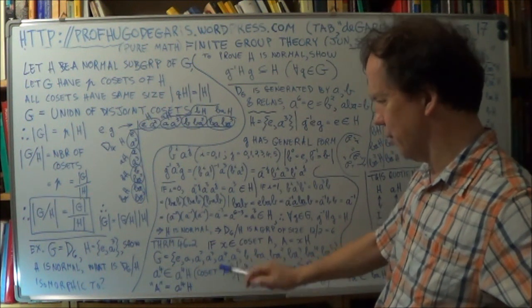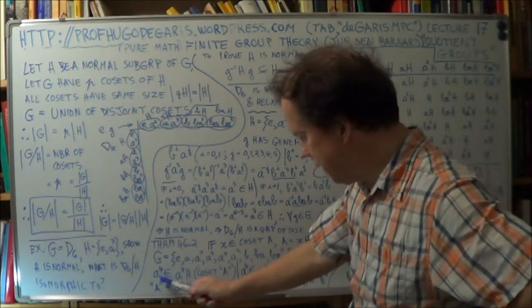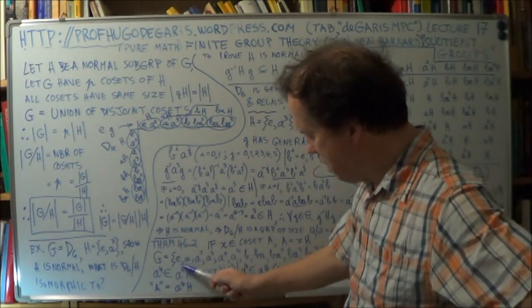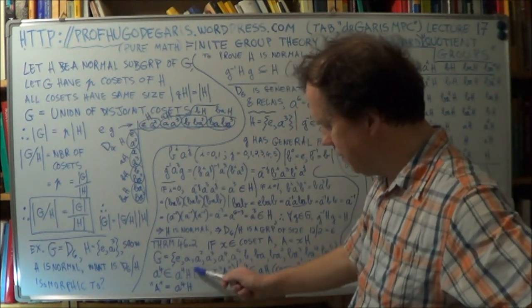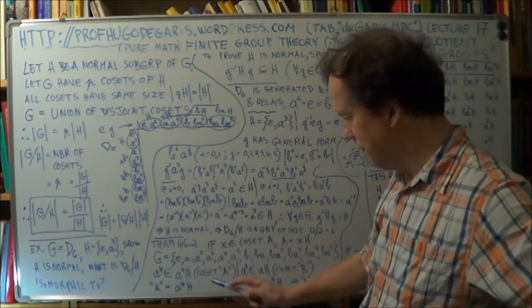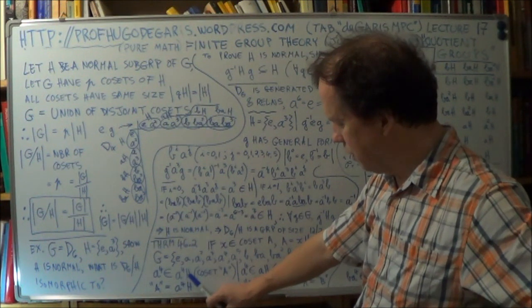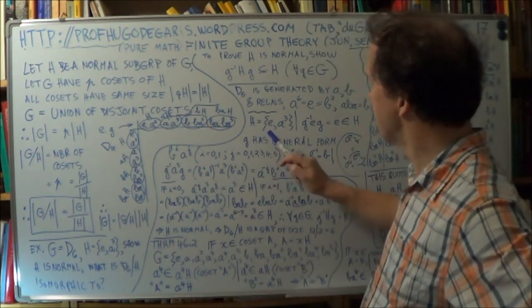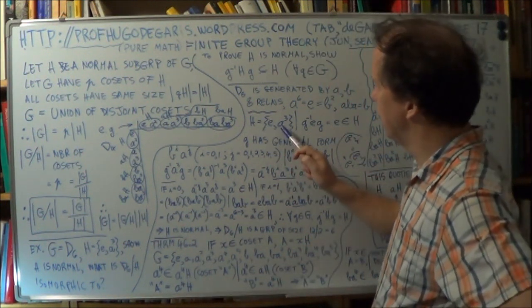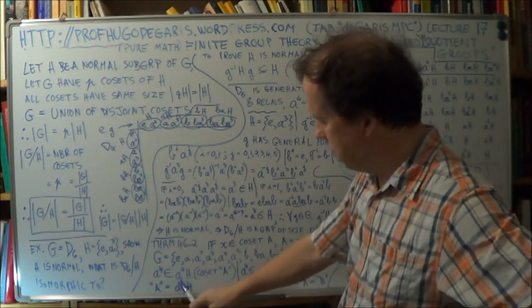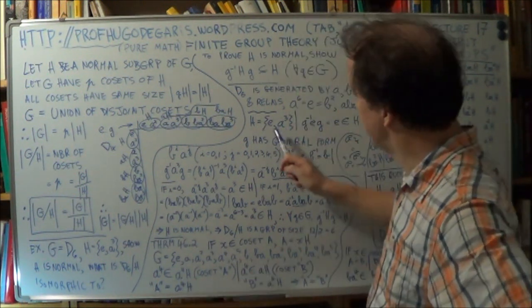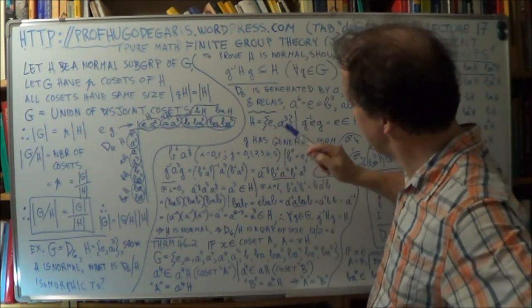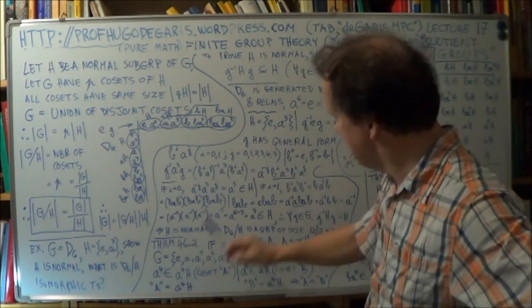Can you see that this member is a member of this coset? Does that make sense to you? Because what is H? It consists of just 2 elements, e and a cubed.